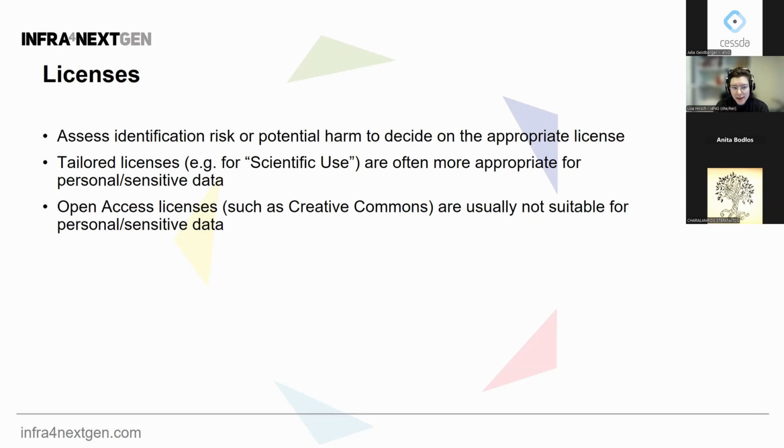Open access licenses, however, such as Creative Commons licenses, most commonly CC BY licenses. So name attribution is required, but otherwise reusers are free to remix, redistribute, build upon existing work. These are usually not suited for personal or sensitive data. And that is also something that you might come across in templates for data management plans.